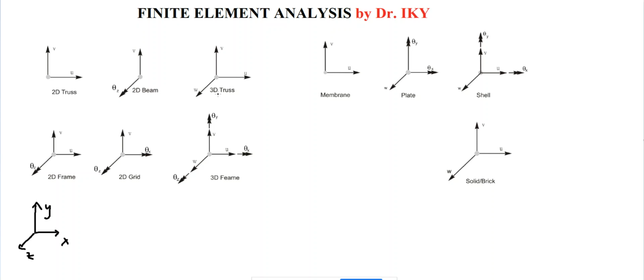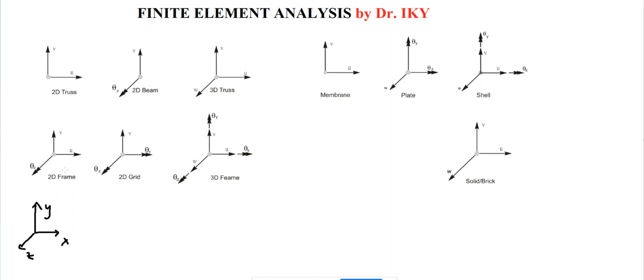And for the 3D truss, we have got 2D, we have got 3D. You can understand from the figure, there is no angle rotation. So truss is capable of just axial deformation displacement. So we can use u, v, and w.